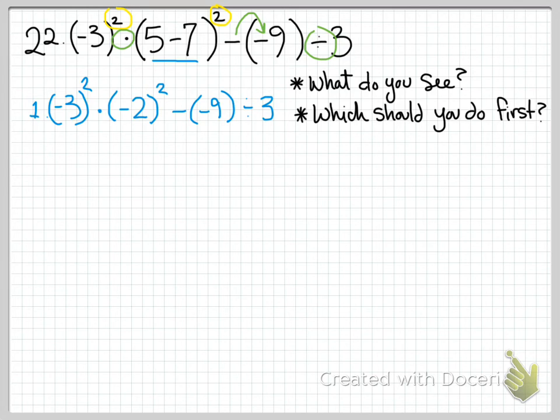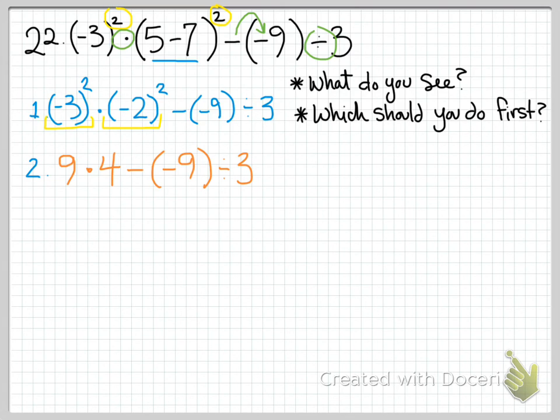All right, so now we're going to do our exponents. -3 squared and -2 squared. -3 times -3 is 9. 9. And then we'll bring down our multiplication. -2 times -2 is 4. And then minus -9 divided by 3.